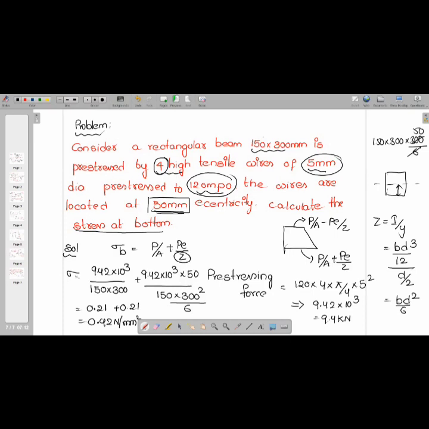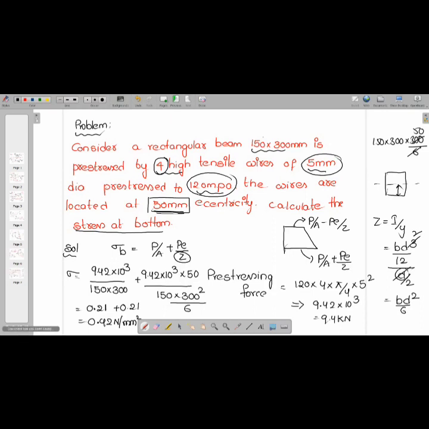Clear, sir? 150 into 300 cube upon 6 will not come, it is 150 into 300 square. Here d by 2 is there. This d will cancel and this will become d square. Okay, sir? Is it clear?